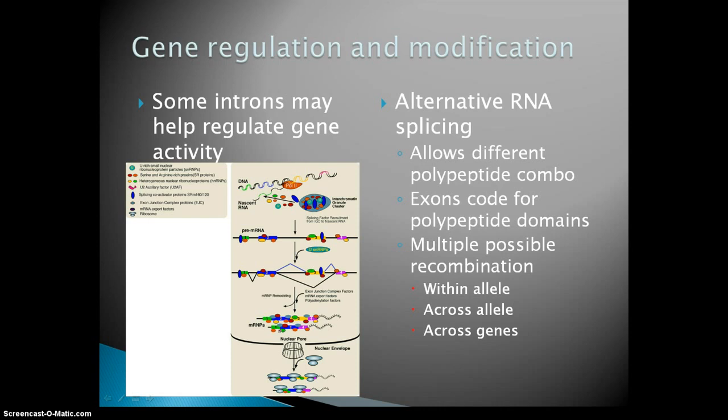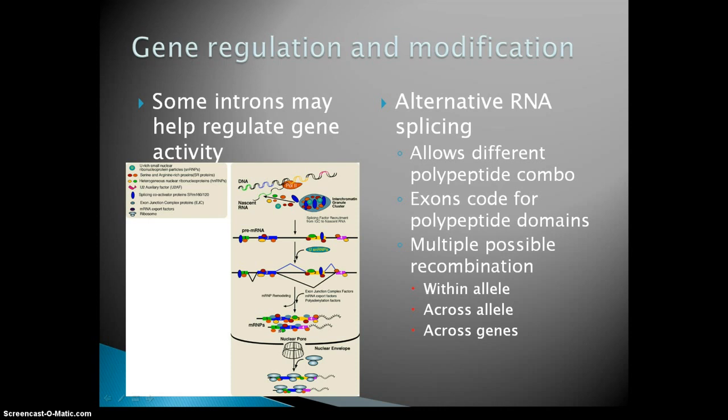And then sometimes what happens is these exon structures are actually for general domains inside a protein. And so you could sort of recombine the domains in different ways. You could actually take those domains from one allele and shift them to another allele. Because remember, you have two alleles for every trait, and your traits are your genes. So you could actually pop the exons back and forth, and that can create variety.